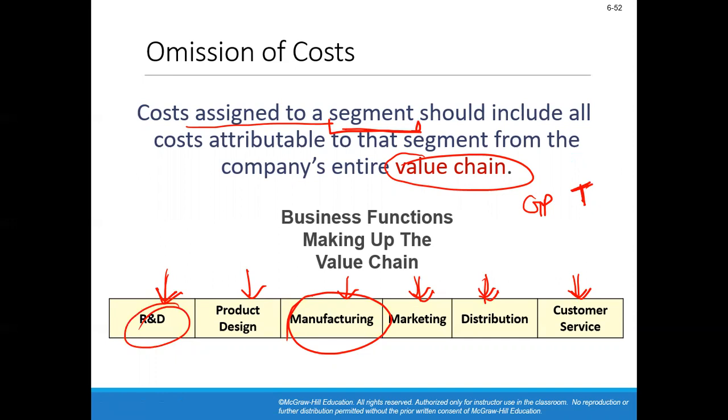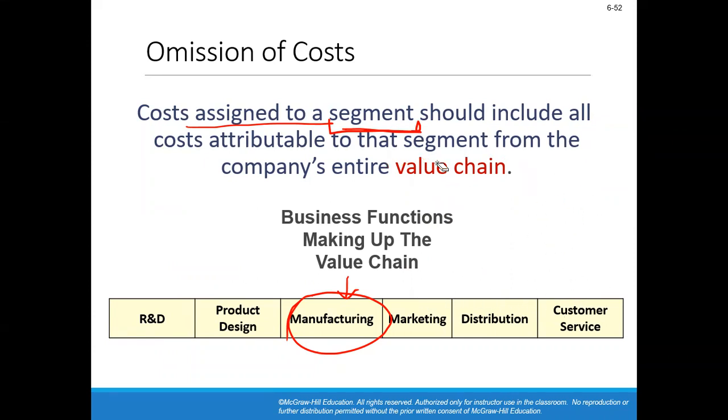So when they omit some costs, the manager's analysis will mislead us. So what costs might managers ignore when they use absorption costing, which includes only the manufacturing cost in product cost?